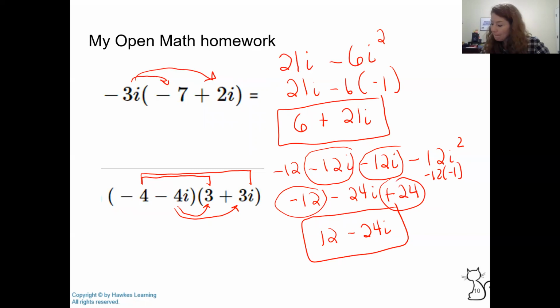All right. I wrote that the answer was negative 24i. Let's see, what did I do wrong? I have negative 12 and then negative 12i, and negative 12 times i squared.